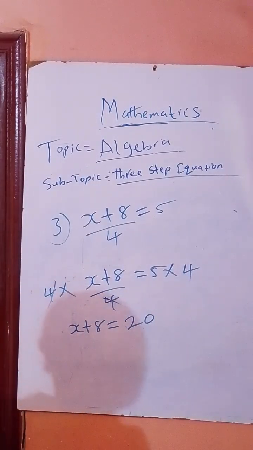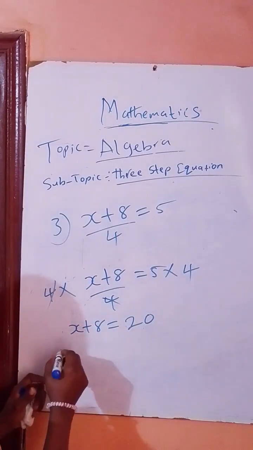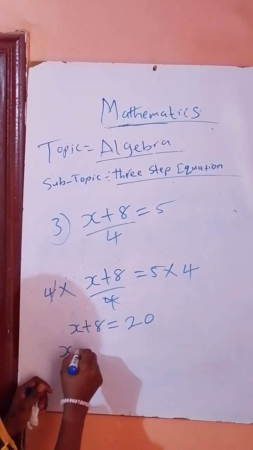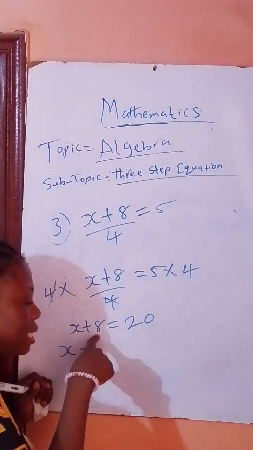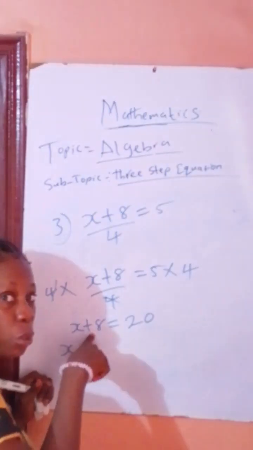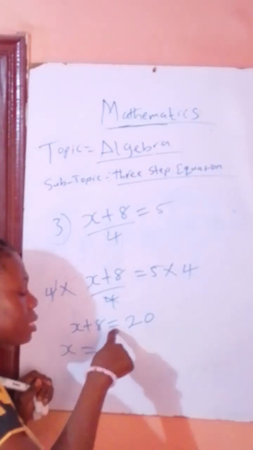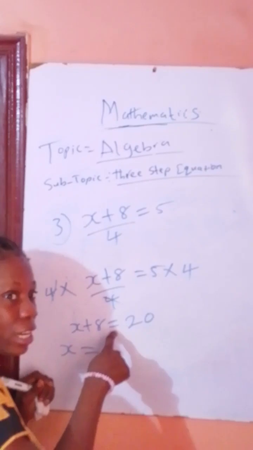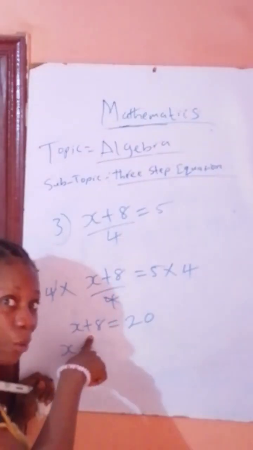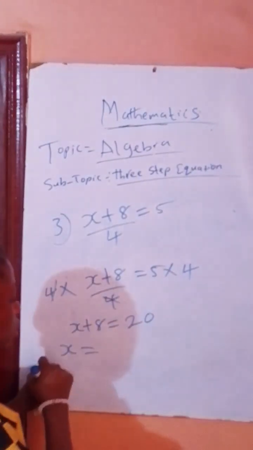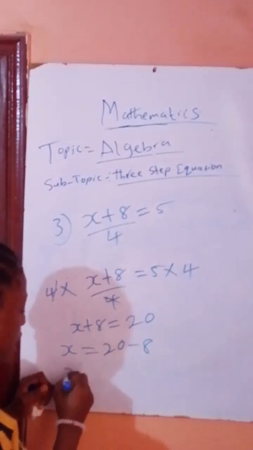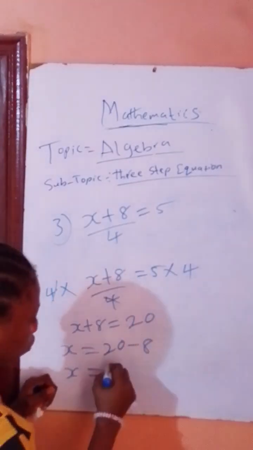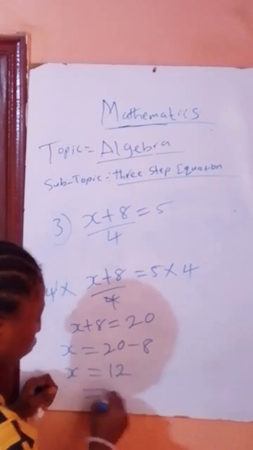Then you have x equals. Do you remember that this 8 has a plus, right? When it crosses this equal sign, it's going to change from plus to minus. We have 20 minus 8.